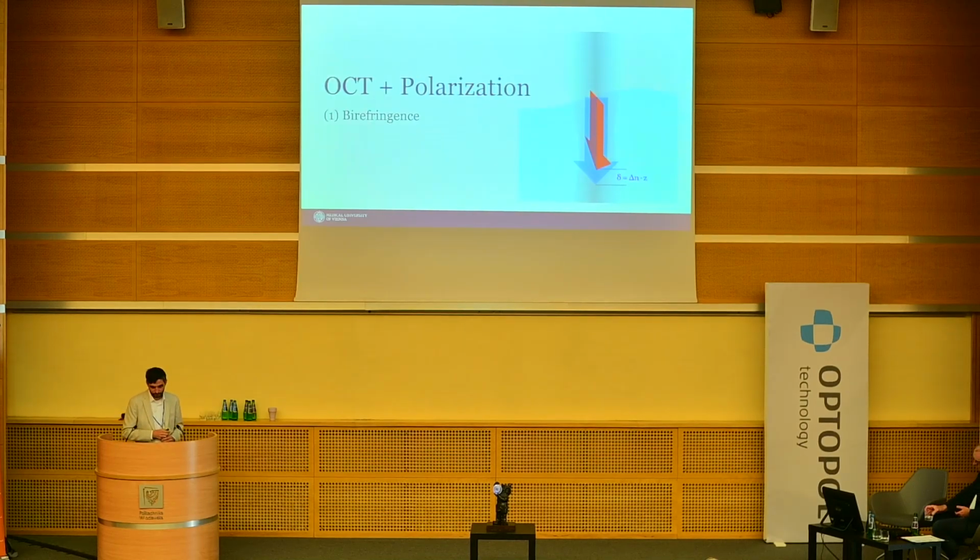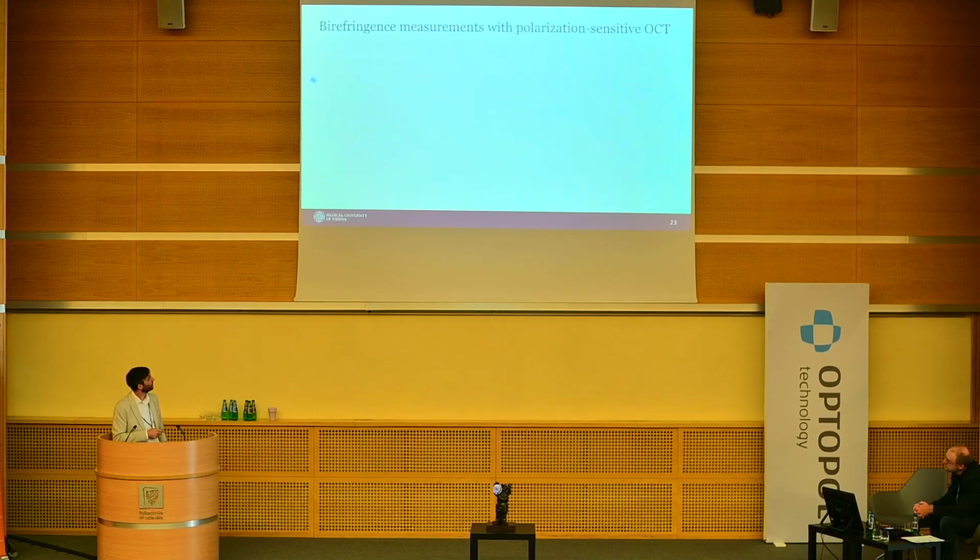Okay, now let's quickly switch topic and go from motion contrast to polarization contrast. The first thing we want to look at is birefringence. Birefringence is a polarization property that is often observed in fibrous tissues, which are made out of elongated filaments, and these can produce so-called birefringence, which is a different refractive index along the fibers versus perpendicular to the fibers.